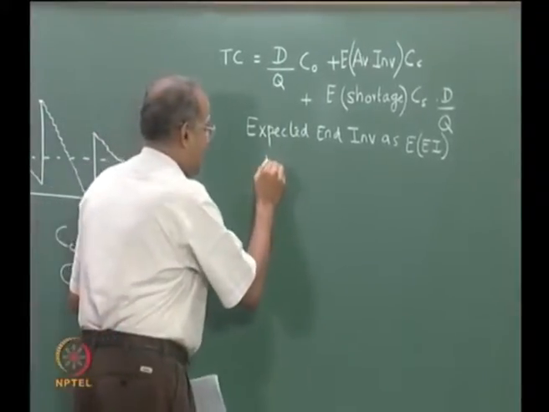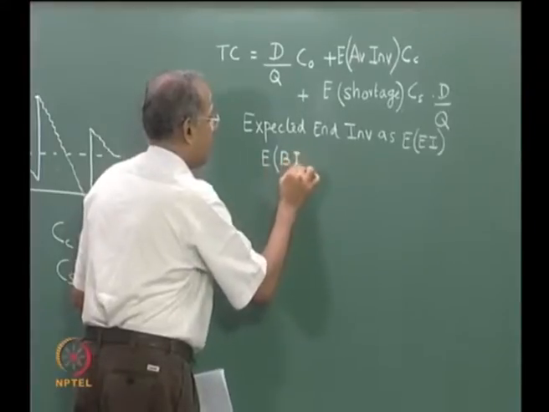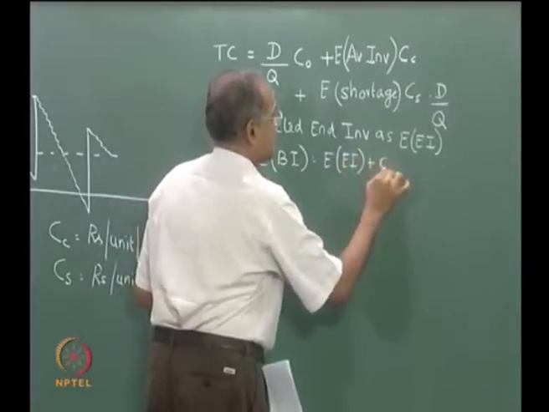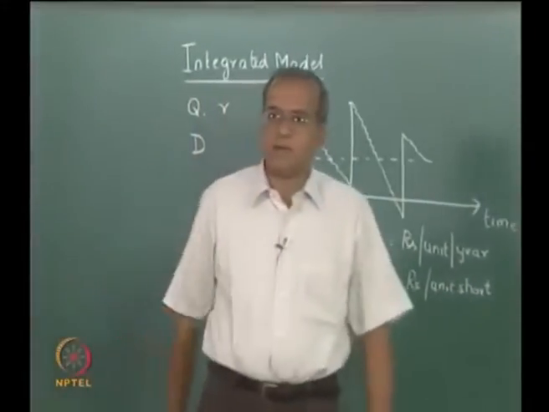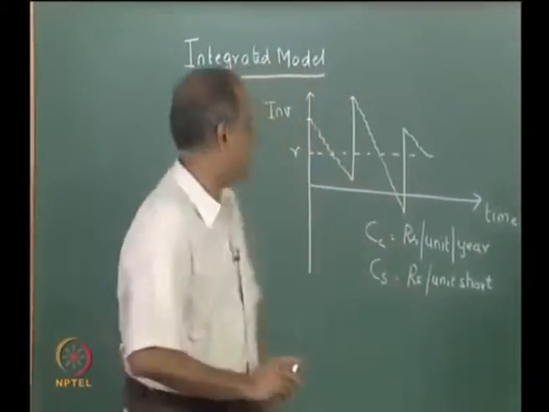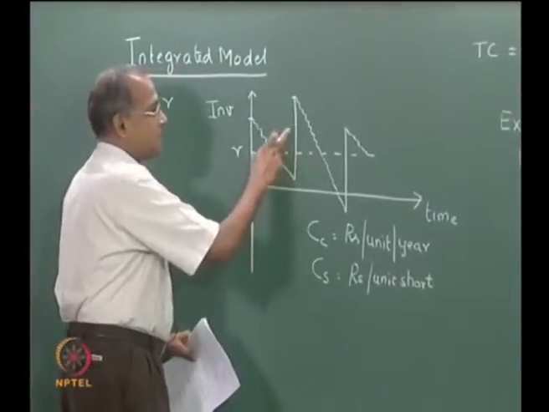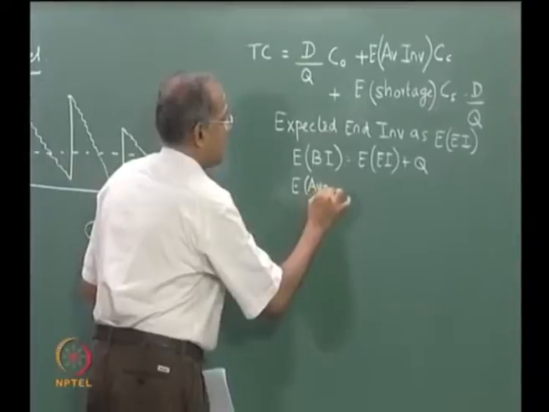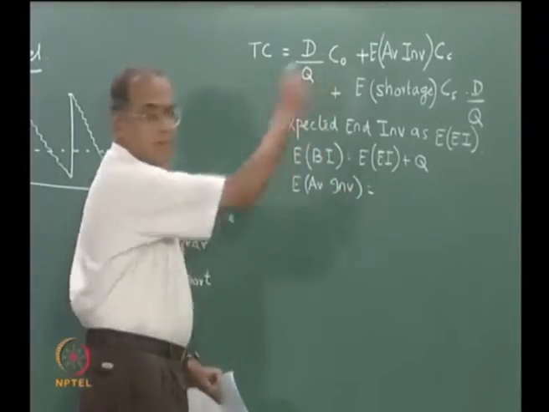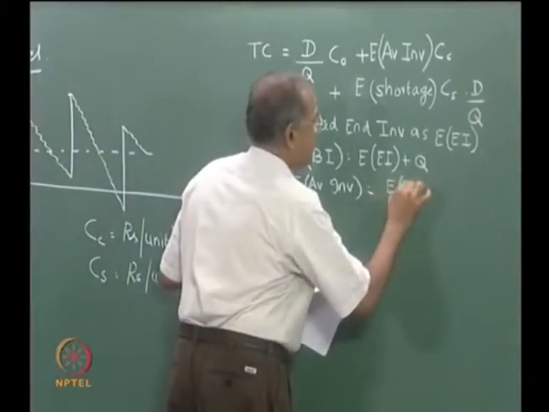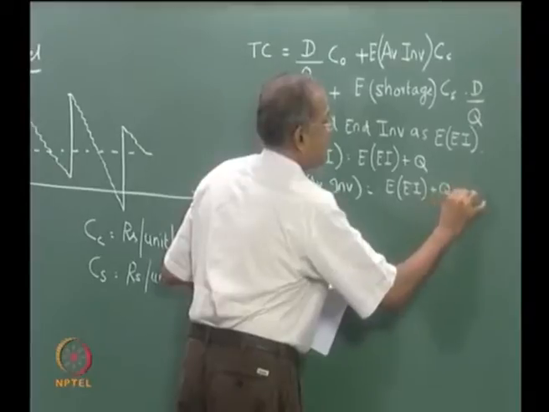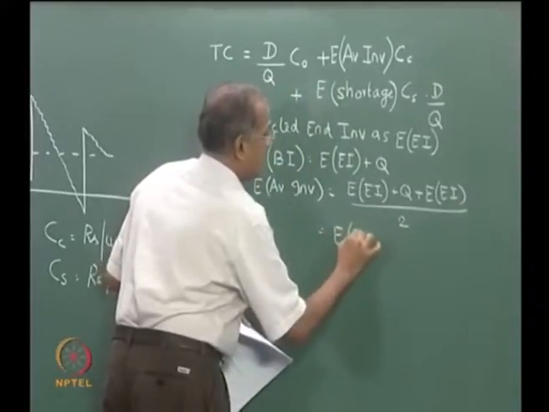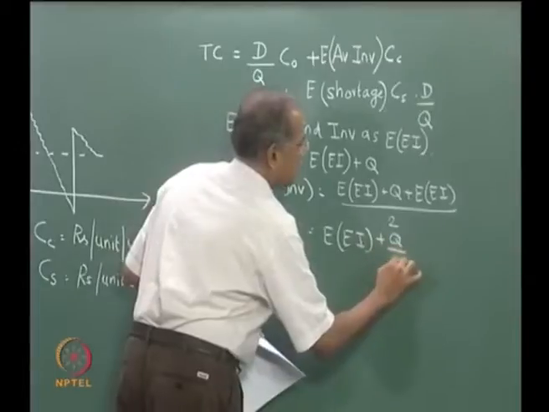Now the expected beginning inventory will be the expected value of ending inventory plus Q, because in any cycle, if there is an expected value of the ending inventory, for example if there is something here, then the cycle begins with an addition of Q. So the expected average inventory will be beginning inventory plus ending inventory divided by 2, which will be the expected value of ending inventory plus Q by 2.